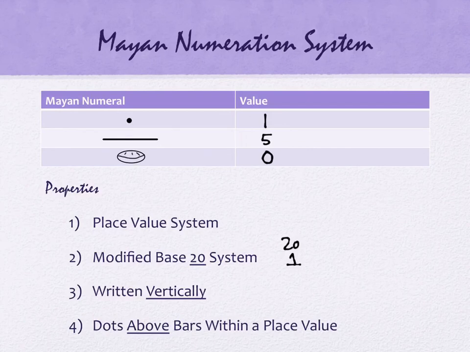Then we're going to go up from there. But the next one is not 20 squared. It's 20 times 18. I'll get back to why that's happening in a second. And then they would go on with powers of 20 after that: 20 squared times 18, 20 cubed times 18, and so forth.